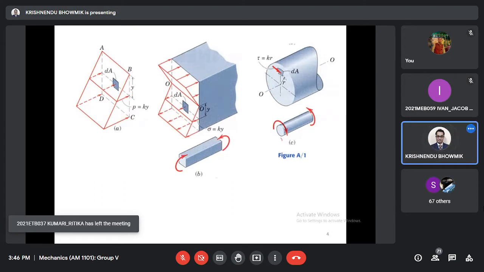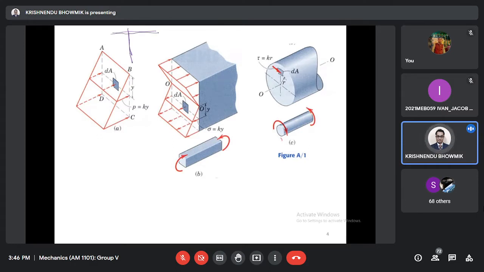Say this is one pond and this is some dam. Or maybe we want to calculate the pressure along the depth, at one particular height.